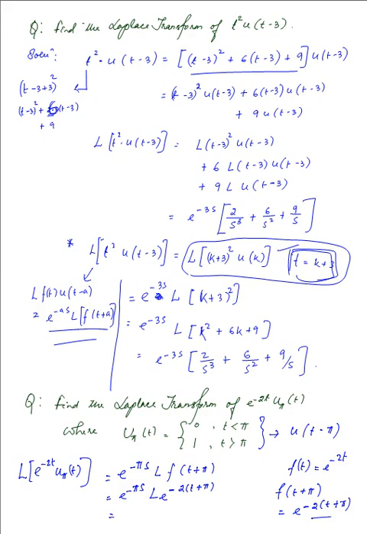So we have e raised to the power minus pi times 2 plus s, the 2 coming out, and the Laplace transform of e raised to the power minus 2t will simply give us, from the first shifting theorem, 1 over s plus 2. So that is our answer for the given problem, that is the Laplace transform of this.